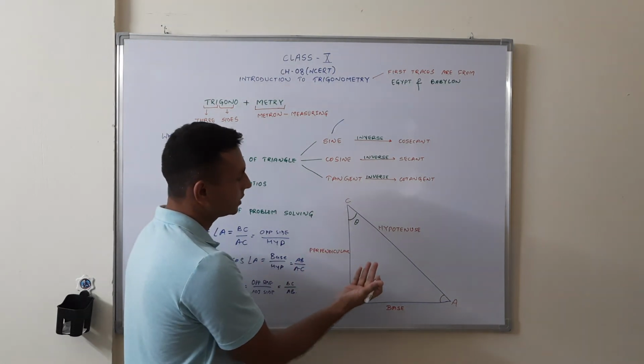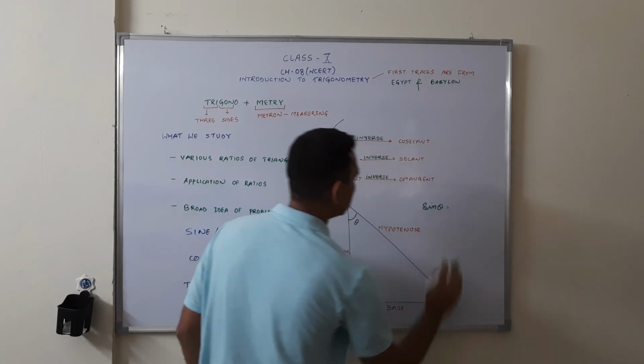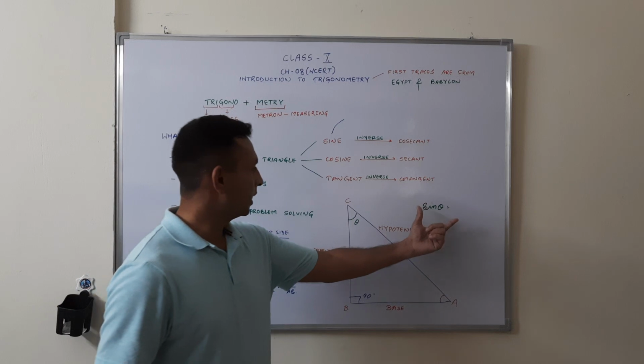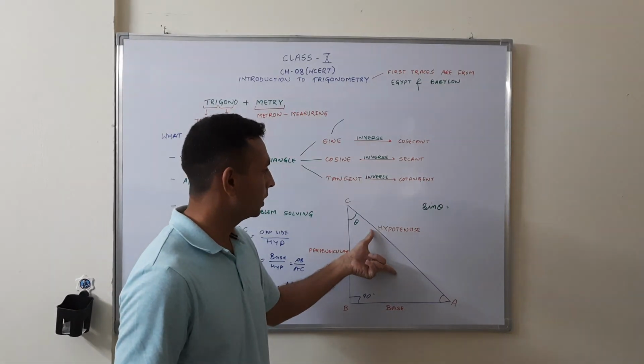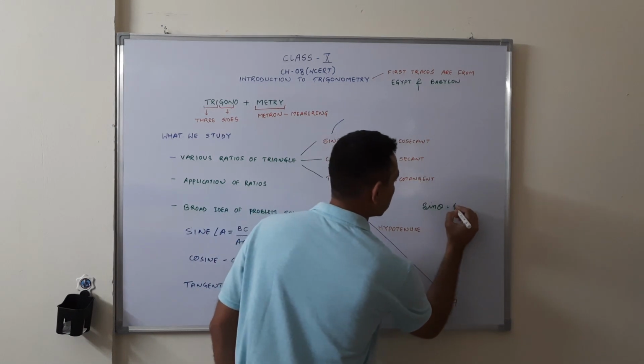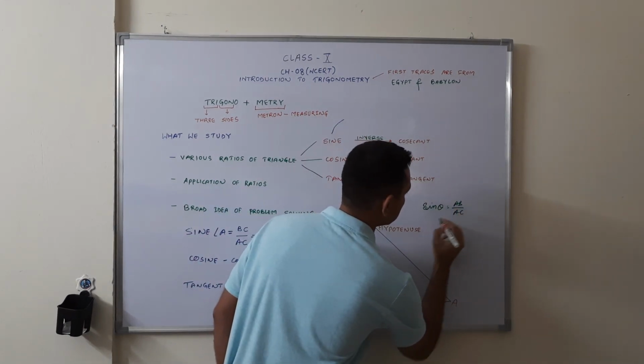So if I want to write sine theta, then I should write opposite side upon hypotenuse, which is nothing but AB upon AC.